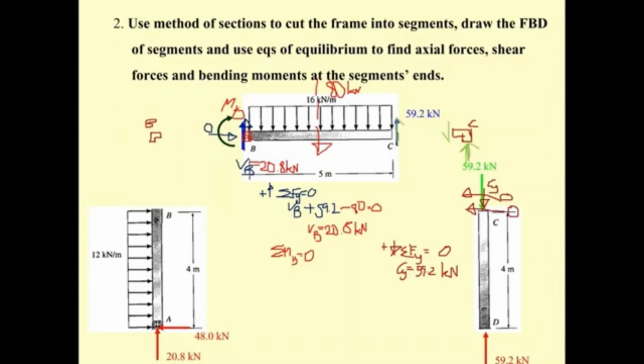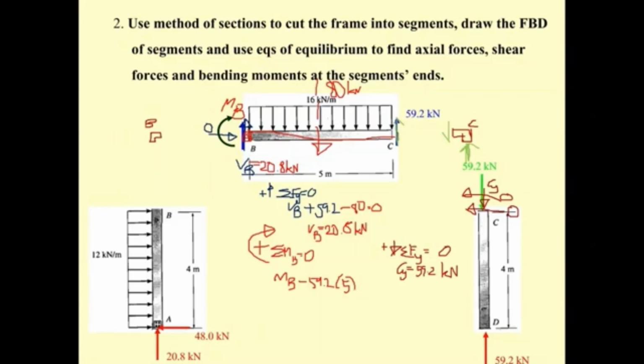So we have the summation of moment about B. The counterclockwise is going to be plus, and then we have M sub B, minus 59.2 times the length of 5, since 59.2 is in the opposite direction.